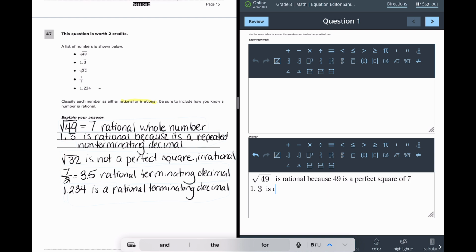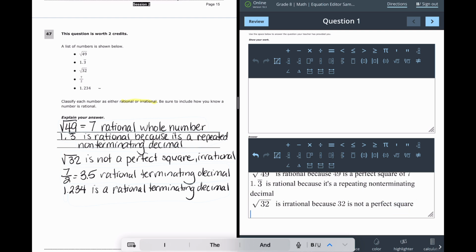So it is rational because it's a repeating, non-terminating decimal. Done. Next one, square root of 32 is irrational because 32 is not a perfect square.